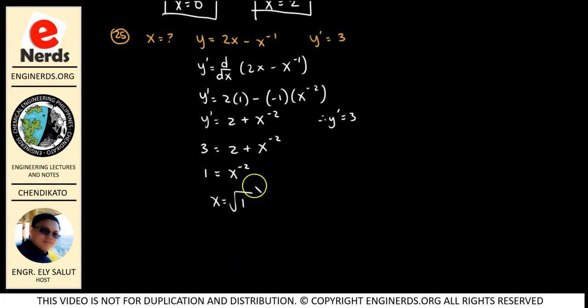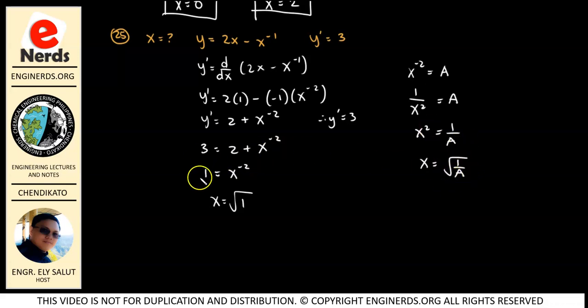Okay? Why? Because, for example, we have x to the negative 2 is equal to a. We will have 1 over x squared is equal to a, right? So, we'll have x squared is equal to 1 over a. And therefore, x is equal to the square root of 1 over a.